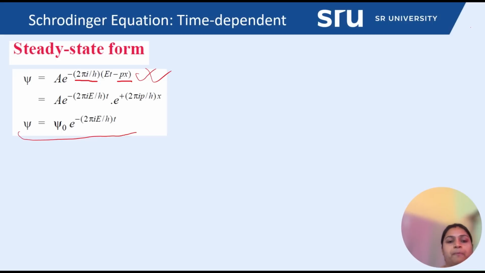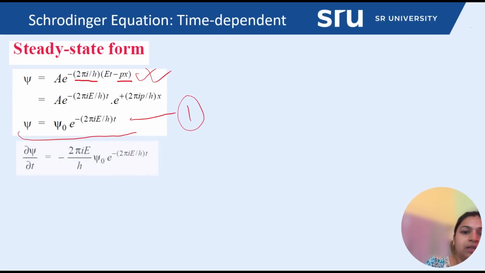So now let us say suppose this is our equation 1. Then if we differentiate this one, del psi by del t, one can get this factor into psi naught. Let's say this is equation 2.